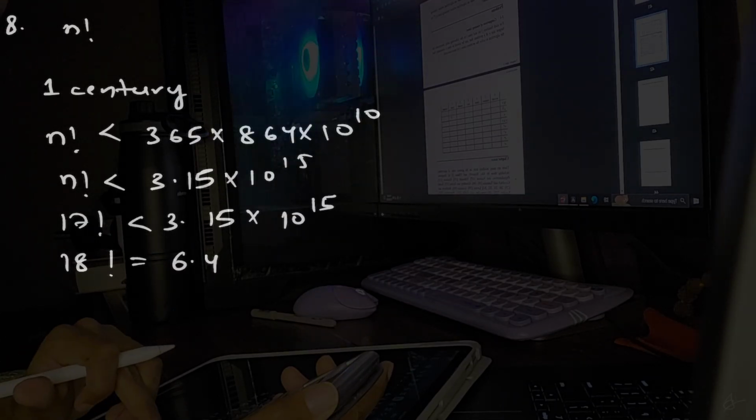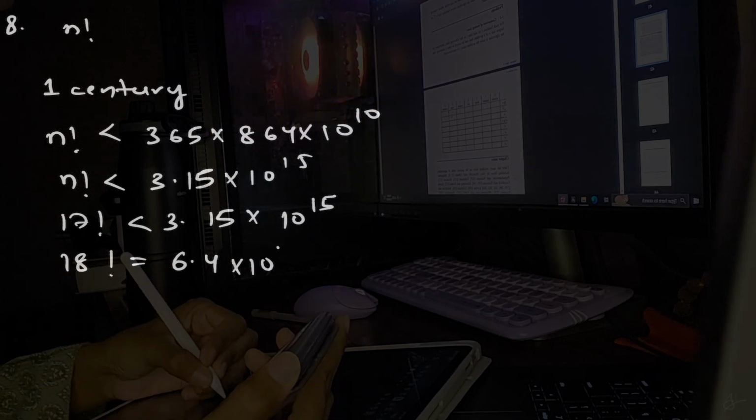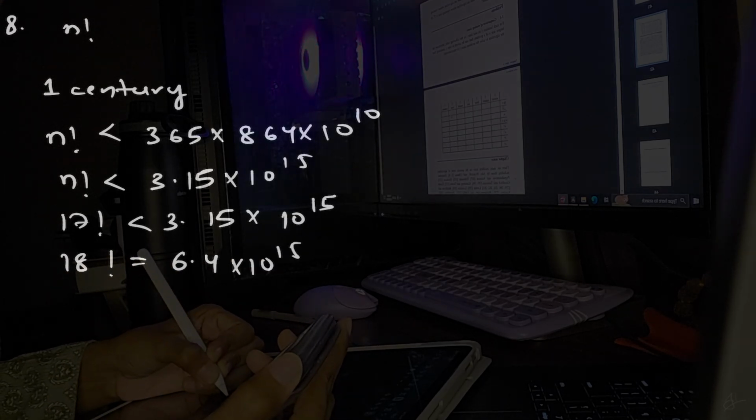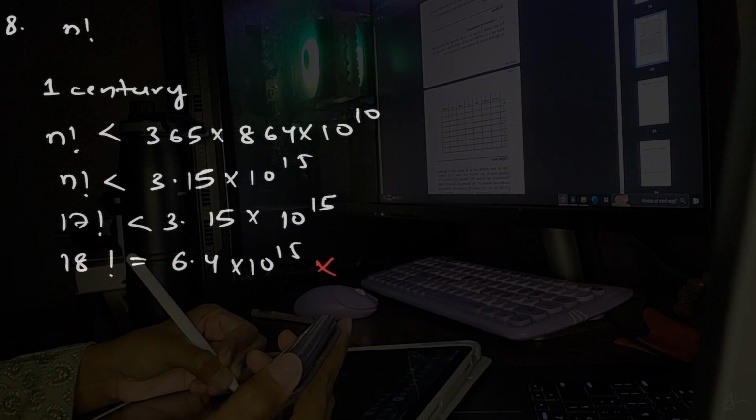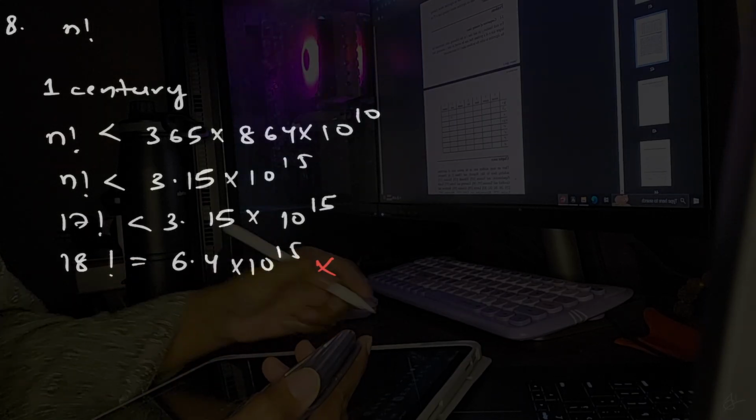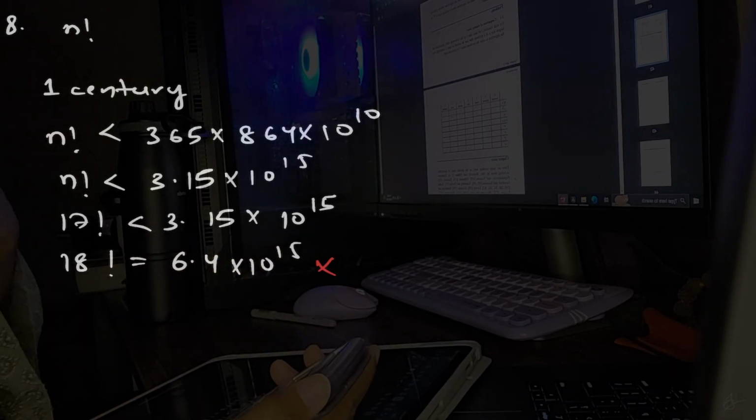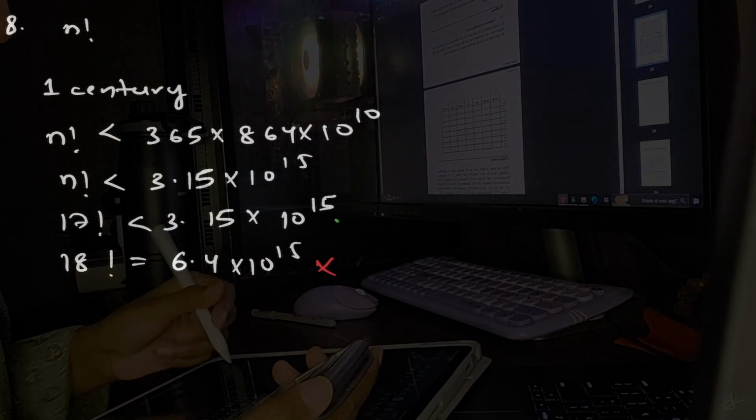It is 6.4 into 10 to the power of 15, so it is definitely not less than that, so that means the proper value for this is nothing but 17.